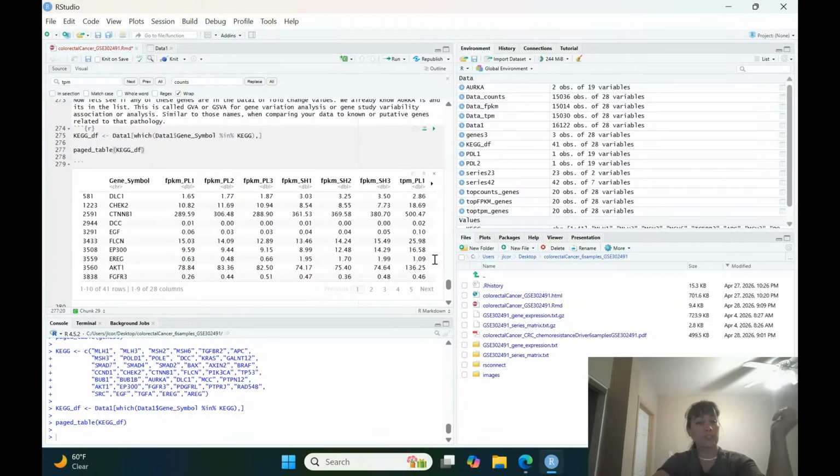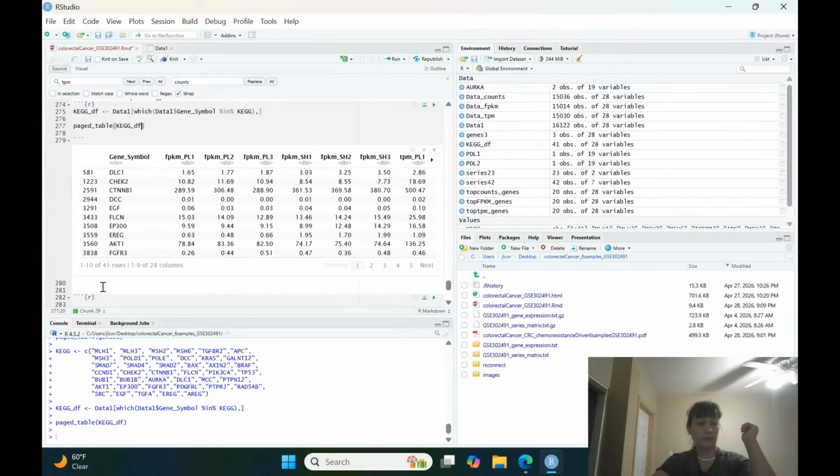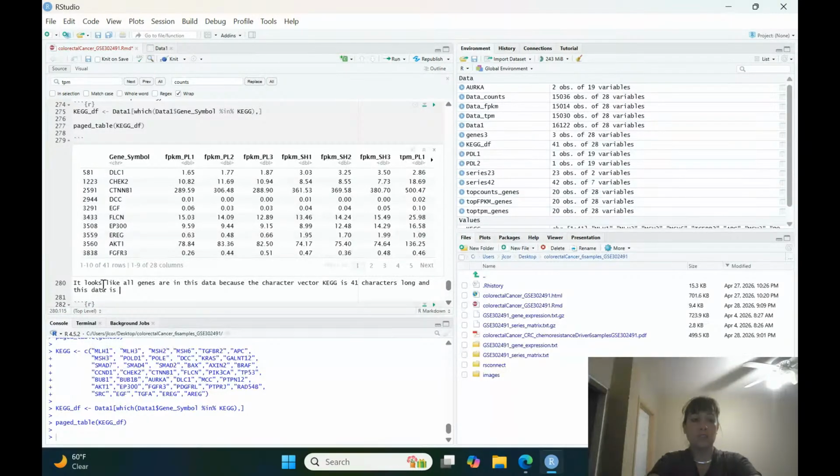There are some genes here, 41 of them, and our list is 41. So it looks like all genes are in this data, because the character vector is 41 characters long, and this data is 41 rows long.